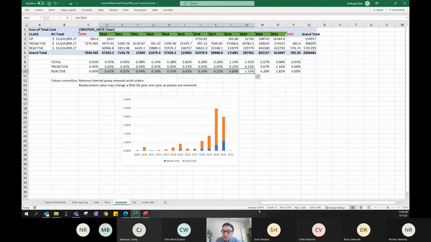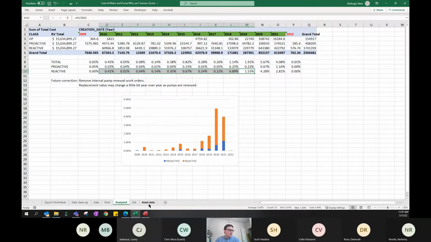Since 2013, we've also been adding failure modes on the corrective side. But even with a lot of data, I had to do so much to this that I cannot just get it from the system this way. I have to do all kinds of things to it before I could start getting some analysis out of it. So it's a bit of a lesson learned for me as well.